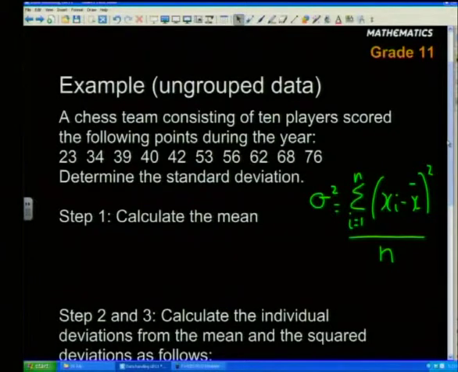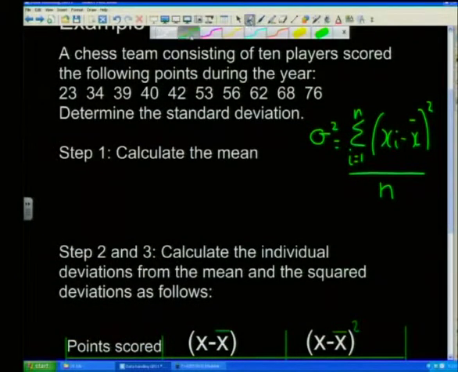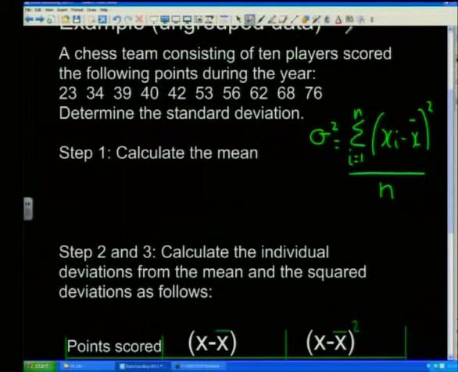Now, guys, with your ungrouped data, the formula that we're going to use, remember, we're dealing with variance. Like I said at the beginning of the lesson, most of this lesson we're going to look at variance. The formula you use for variance is sigma squared is equal to the sum. Remember that symbol means sum.